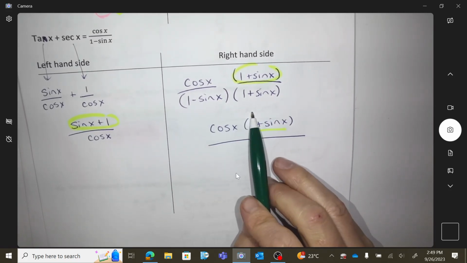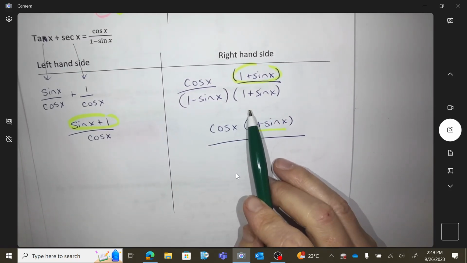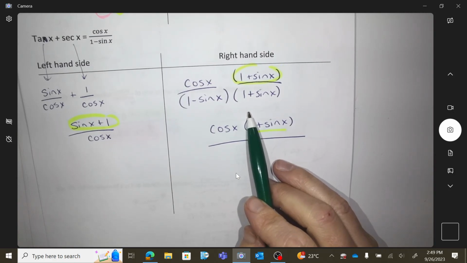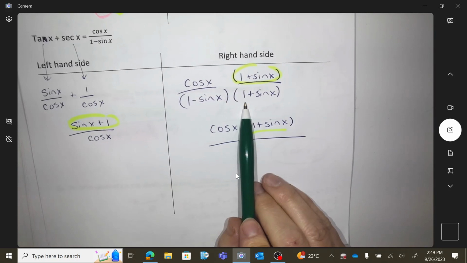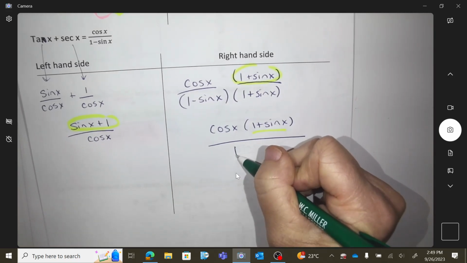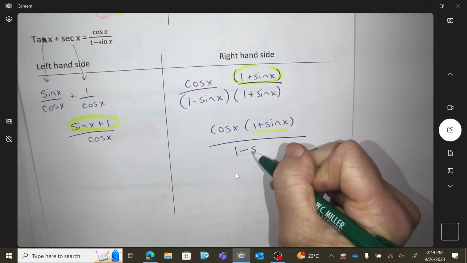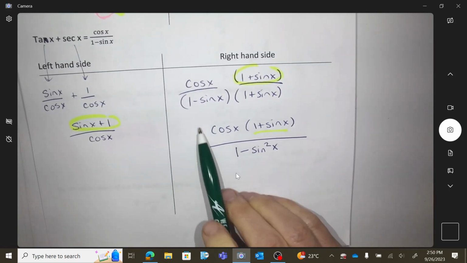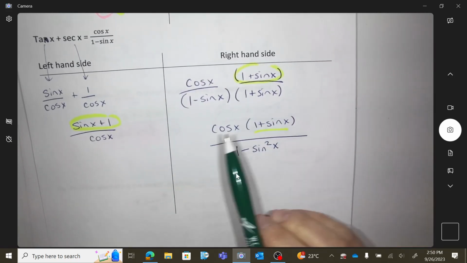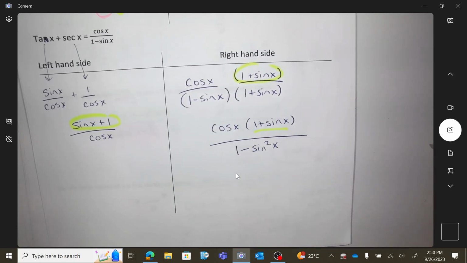Foil that out. Conjugates would always foil to look like a difference of squares, by the way. 1 subtract sine squared x. Does that make sense? When I foil, your outs and ins cancel.